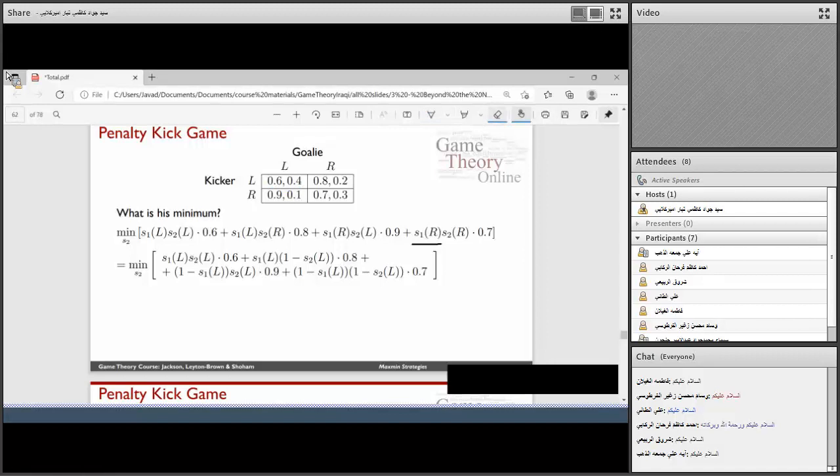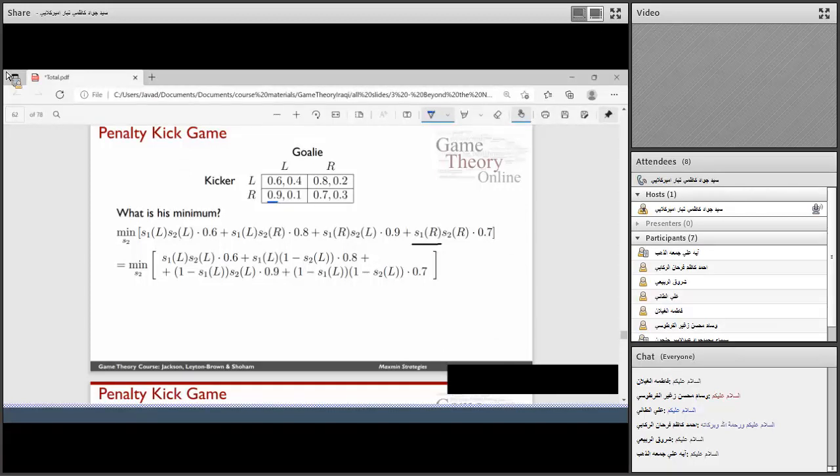Okay, and if the kicker goes right and the goalie goes left, then there's a 90%, there's a very high chance that the kicker will score. So we write down a payoff of 0.9 for the kicker. And there's a 10% chance that he kicks it outside.